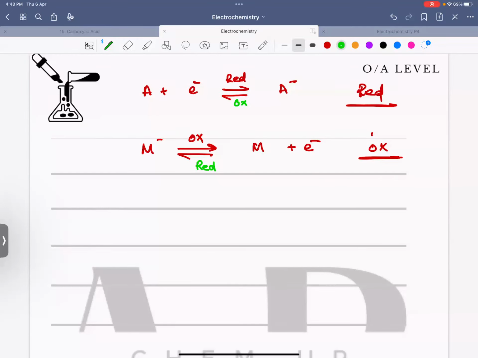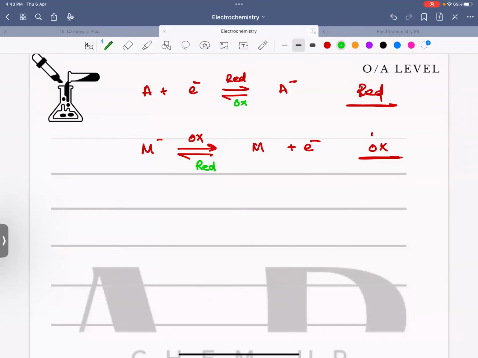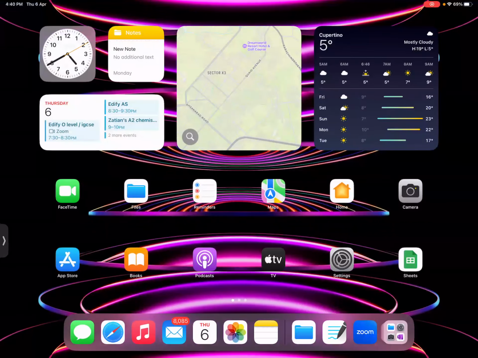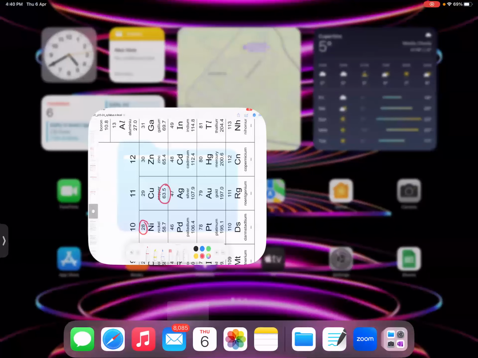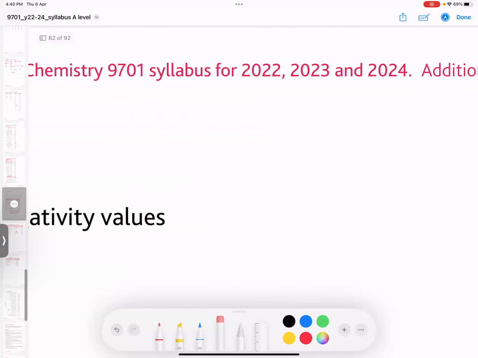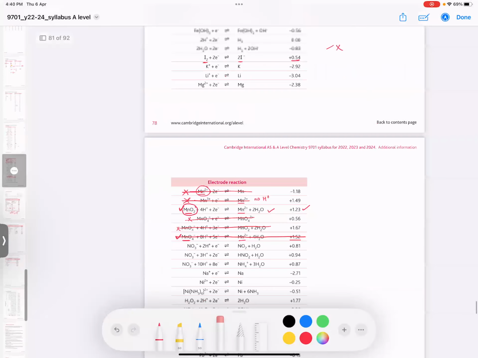Okay. Whenever you look at the data booklet, let me do this again. I have done it earlier as well. Whenever you are choosing the equation from the data booklet, all the half equations are in the form of reduction.